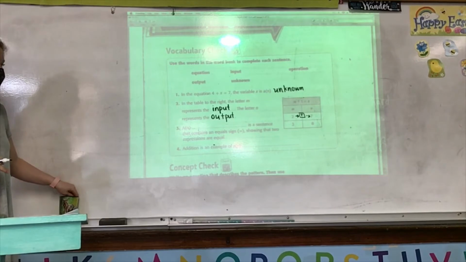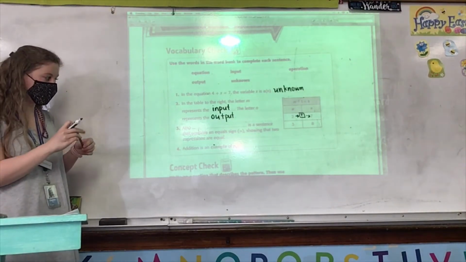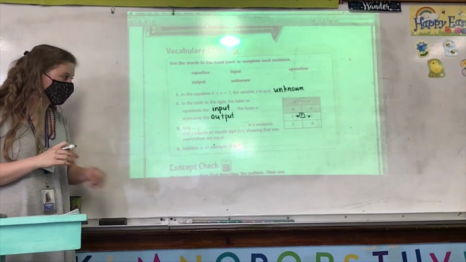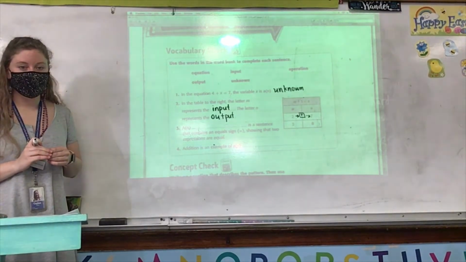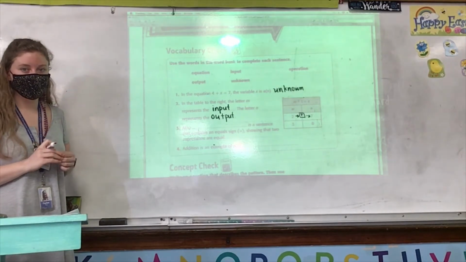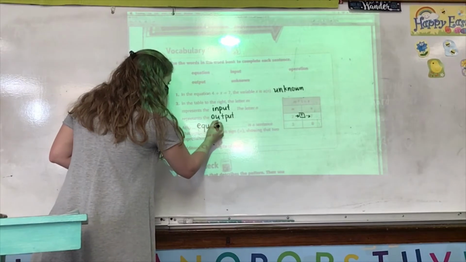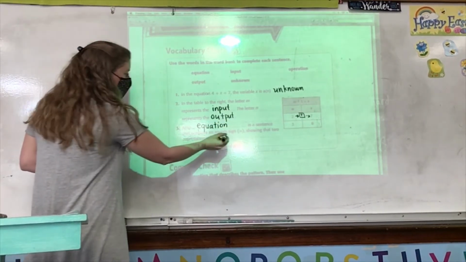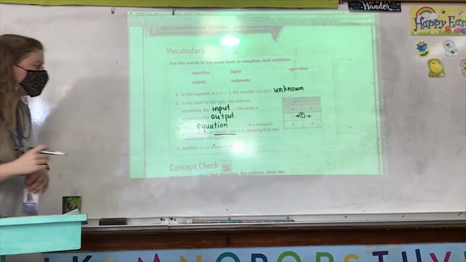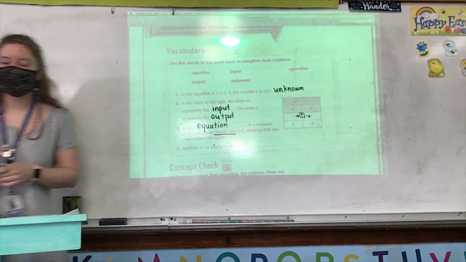Number 3, a blank is a sentence that contains an equal sign showing that two expressions are equal. Mason. Equation. An equation. The key word there is an equal sign because what is the base word of equation?